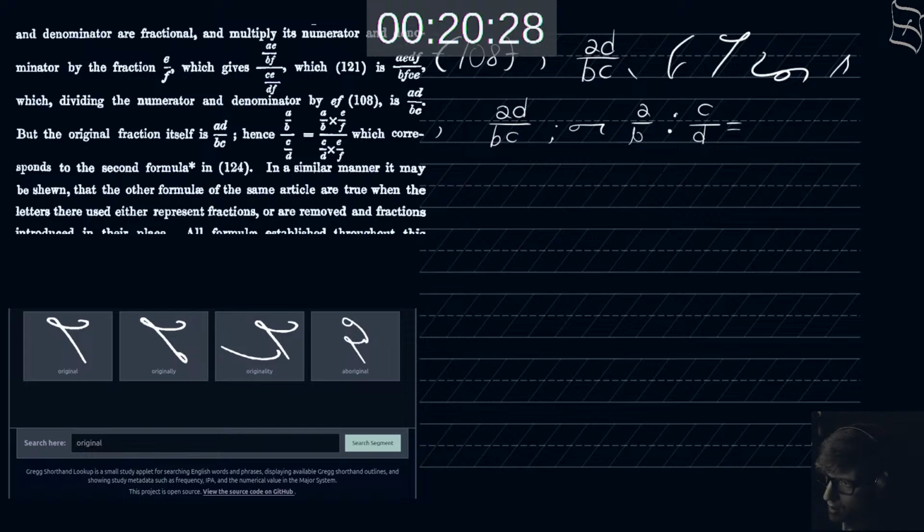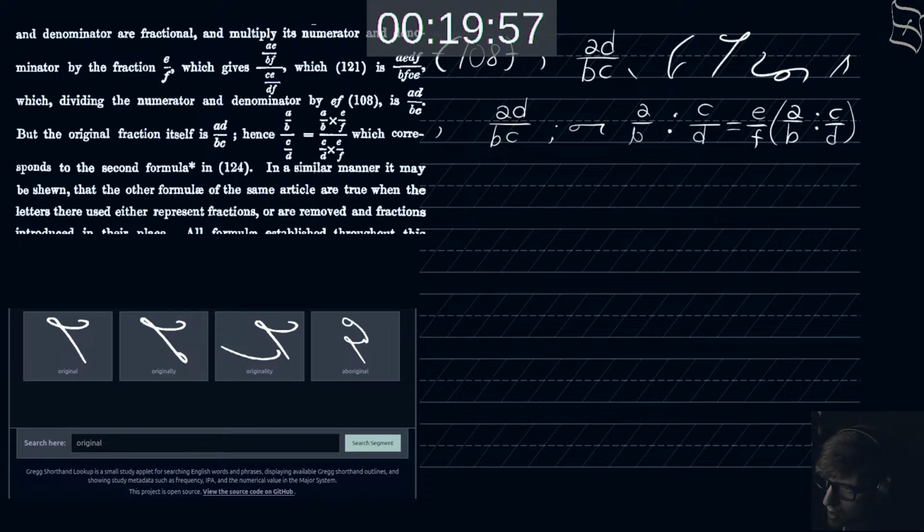So I'm just going to lay it out this way. A over B, I'm going to put this in parentheses, divided by C over D, and this whole thing is multiplied by E over F.